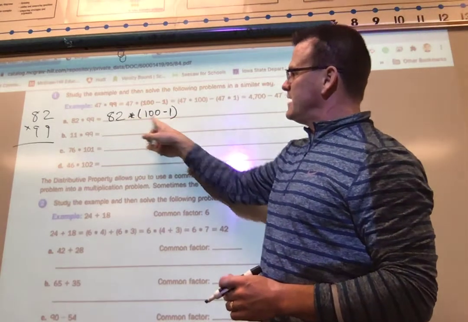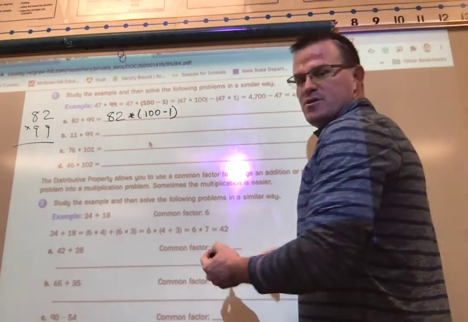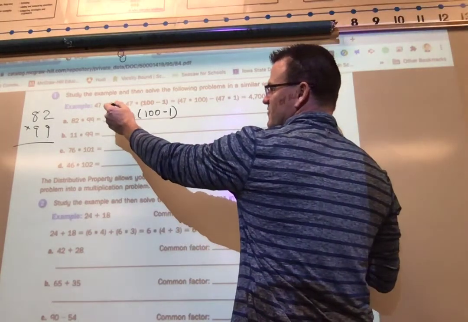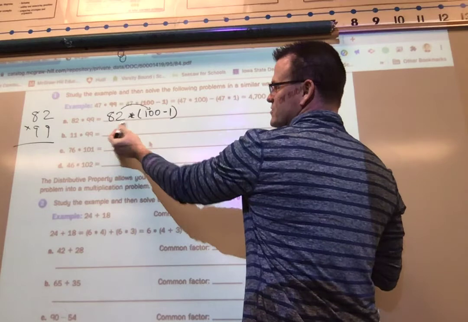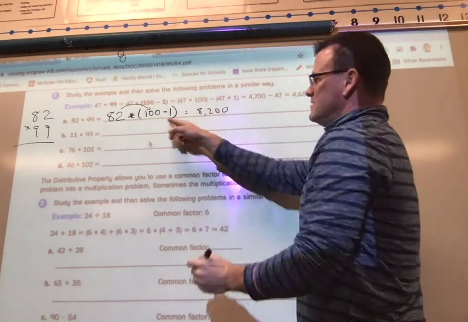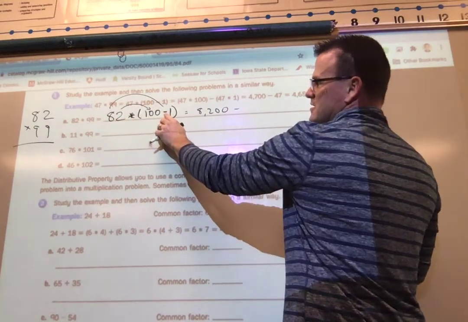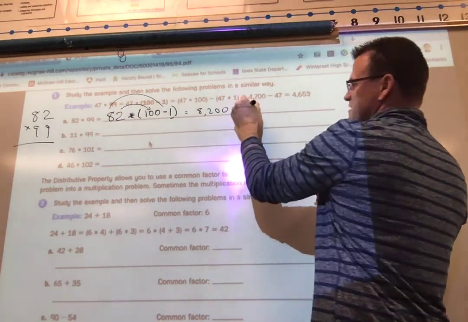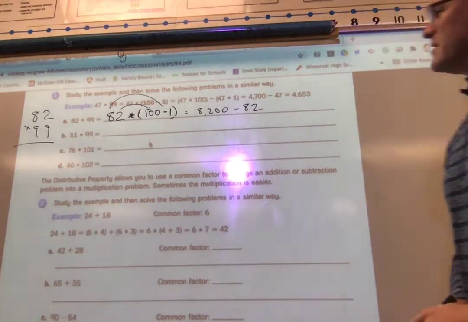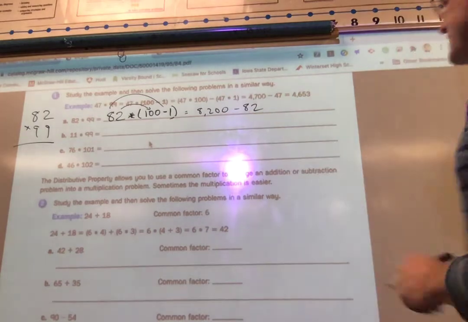Now let's use the distributive property. We can do a lot of it mentally. I take 82 times 100, which equals 8,200, minus 82 times 1, which is 82. So to solve this, I can just take 8,200 minus 82.